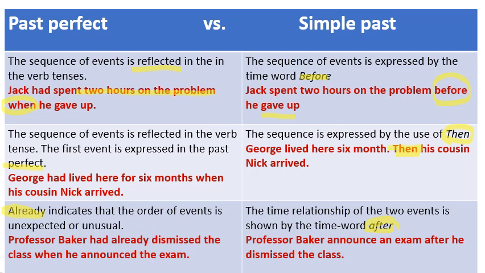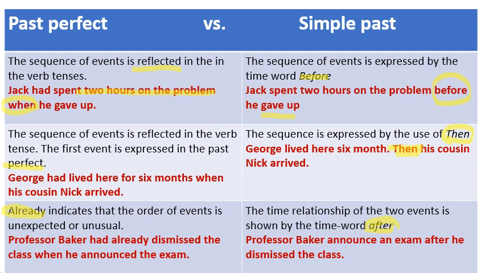So here, the usage of before is to show which action happened before the other, and we don't need to make one of them in the past perfect. This is a desire. If you want to make one of them in the past perfect, it's totally up to you, but it is sufficient to show which one happened before the other using before. For example, Jack spent 2 hours on the problem, which is the first event, before he gave up, the second event.